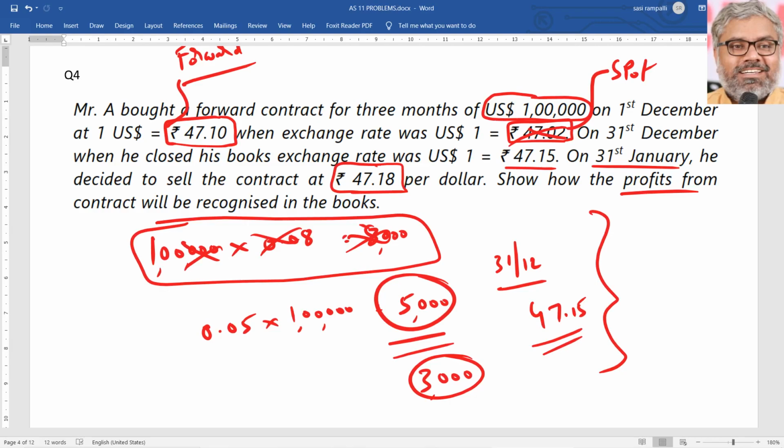In other words, marking to the market means unrealized gain or loss has to be recognized on the date of the balance sheet. And when the contract is actually sold, the remaining profit or loss has to be recognized in that period. So that is the treatment when the forward contract is for speculative purposes.